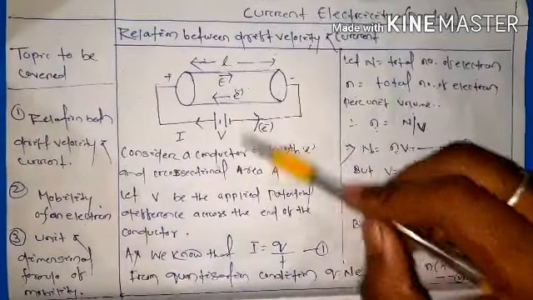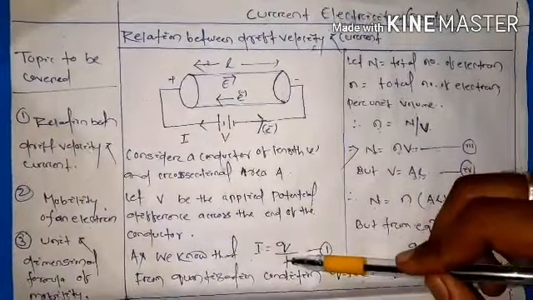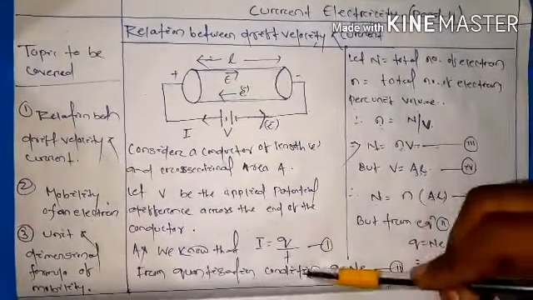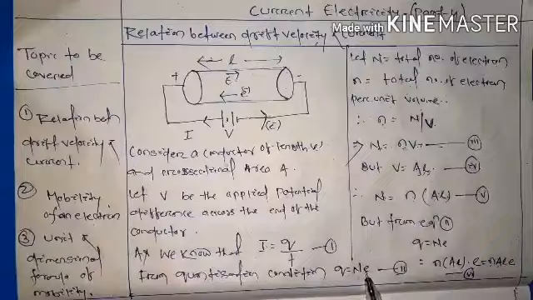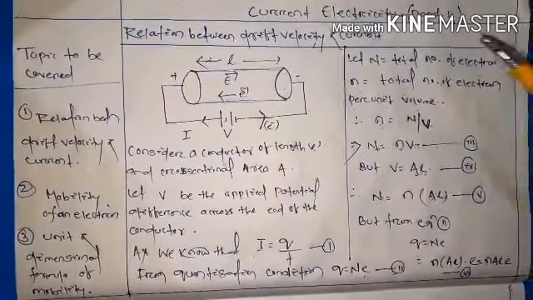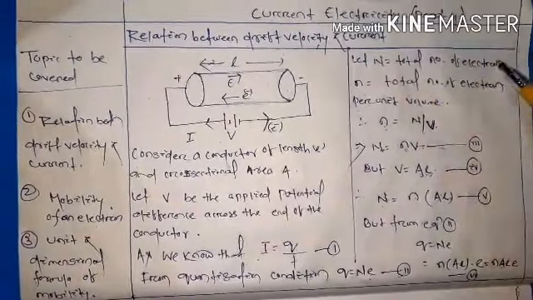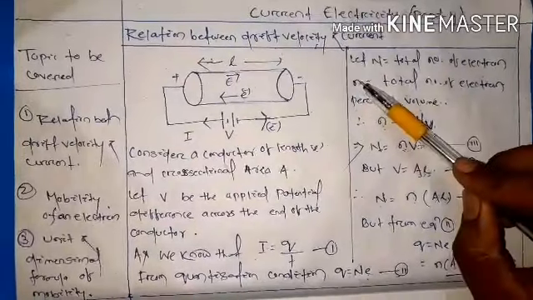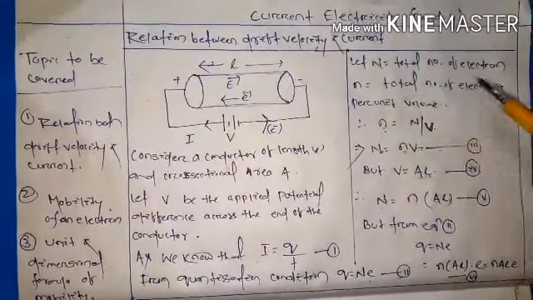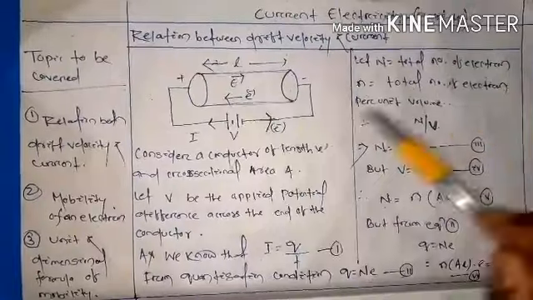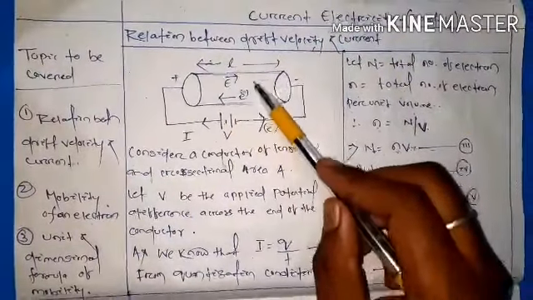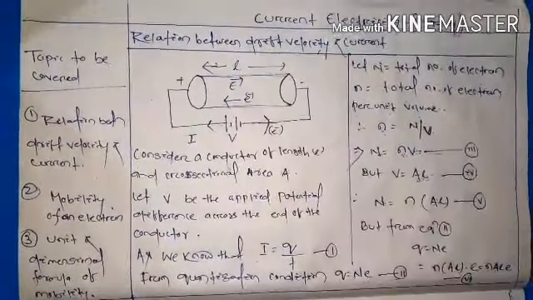As we know, current is equal to charge by time. But from the quantization condition, Q is equal to Ne. Let capital N be the total number of electrons and small n be the number of electrons per unit volume. As it is a cylindrical conductor, it has a uniform cross-sectional area.